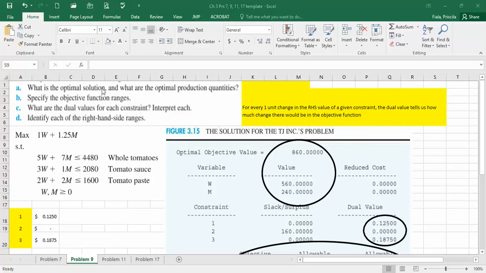Okay, so that already gives us the answer for the first one, letter A.